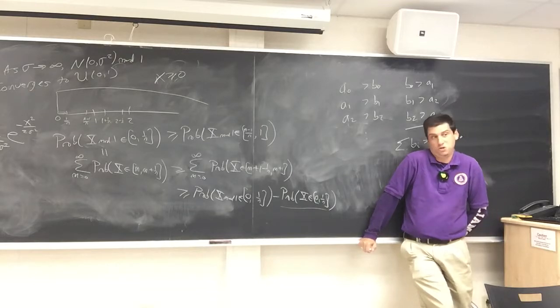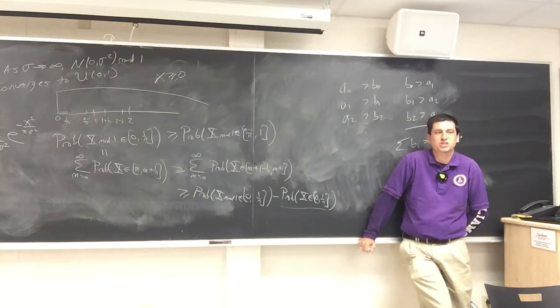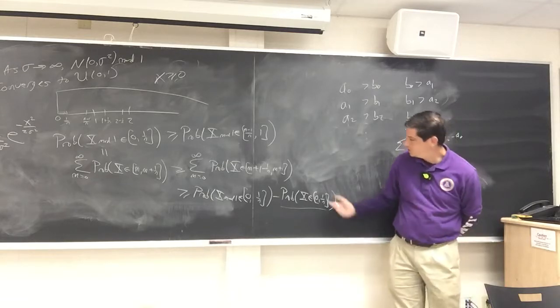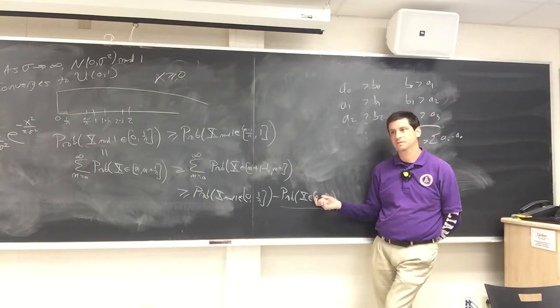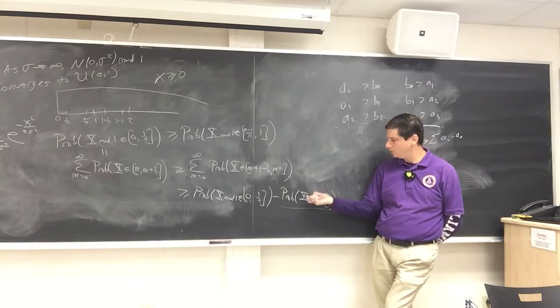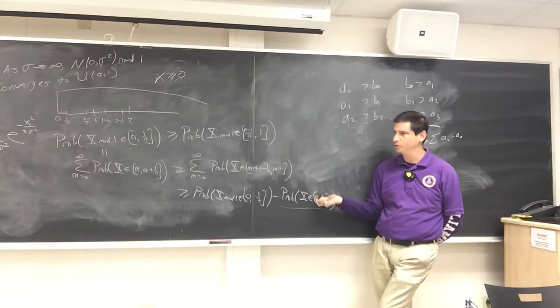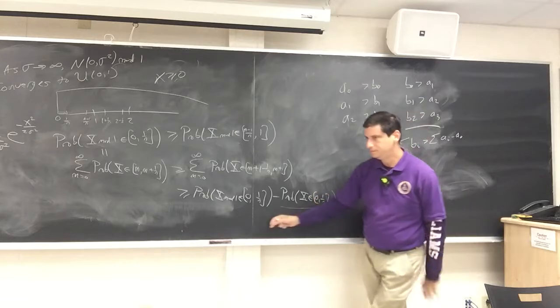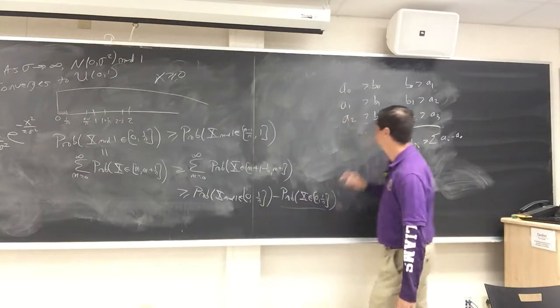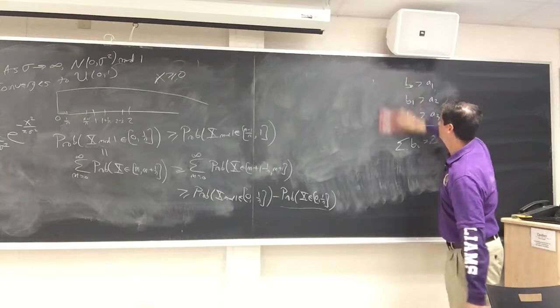It's clearly at most 1, it's a probability, but that's a useless bound. I want to show that this is small. How small do you think this is? How would I calculate the probability x is in 0, 1 over n? So how would we find that probability?